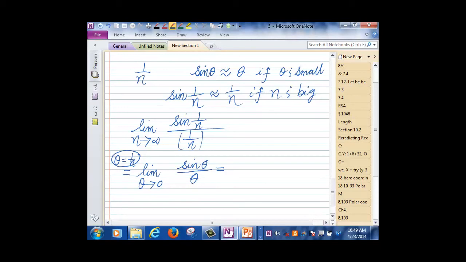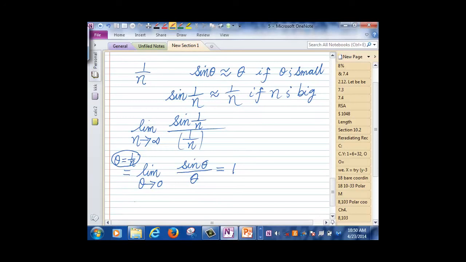The limit is 1. Remember, this is the limit you used to find the derivative of the sine function in calculus 1. Remember what I said, when theta is small, sine theta is about the same as theta. So the ratio would be 1.